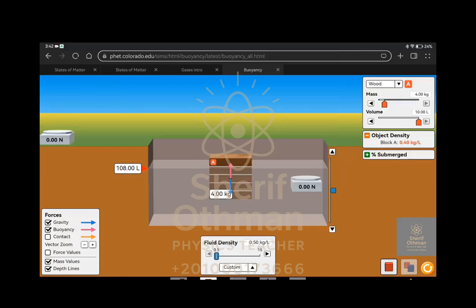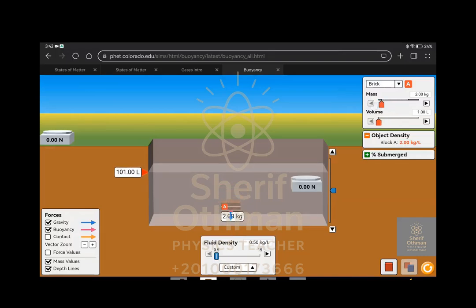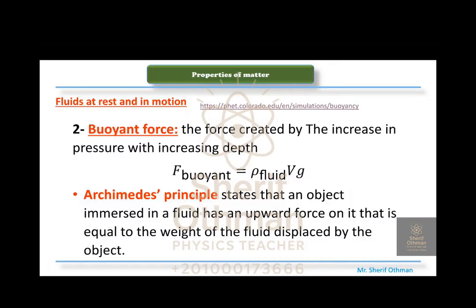I'm going to change it using brick instead of wood. Its density is very high and the fluid is unable to push it up. But increasing the density of the fluid increases the buoyant force and makes the object float as the buoyant force becomes greater than its weight. So guys, buoyant force is the force created by the increase in pressure with increasing depth.